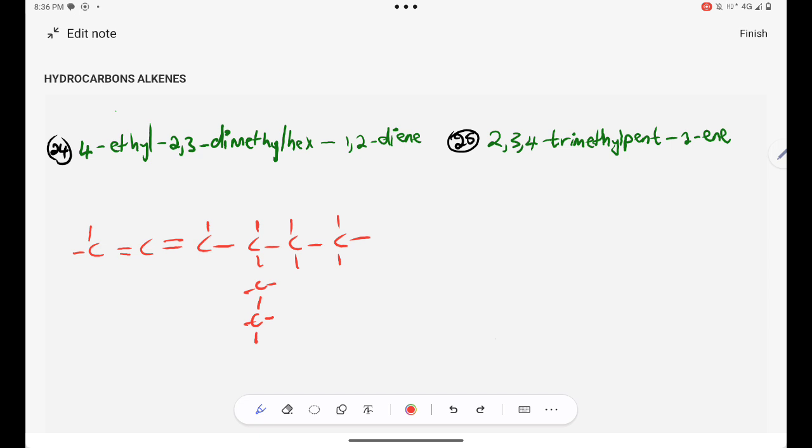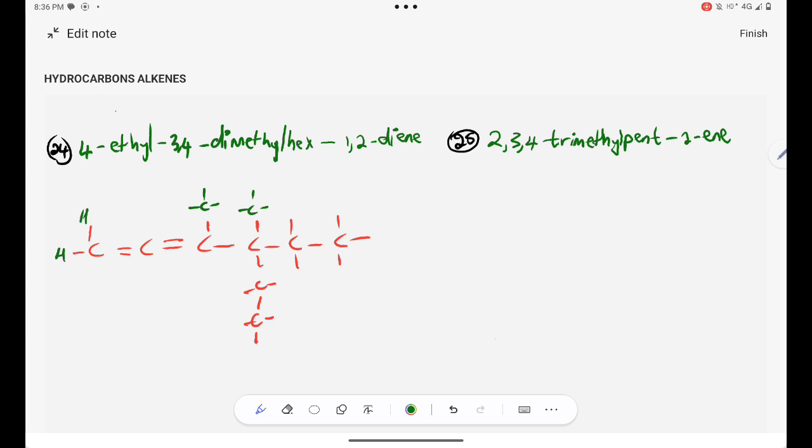This should be 3,4 actually, not 4,3, not 2,3. And then at carbon number 3, I have my side chain like this.